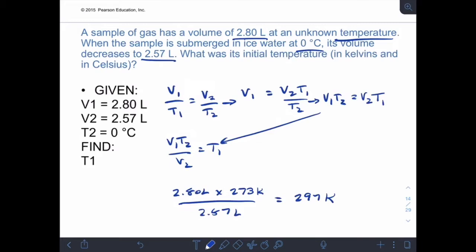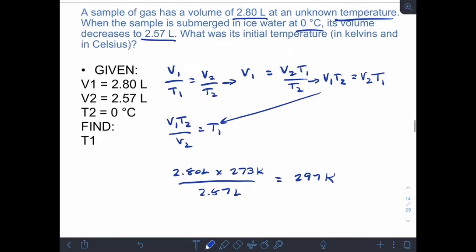So our initial temperature is 297 at 2.8 liters. And if we cool it to 0, temperature went down, volume went down to 2.57 liters. And then if we subtract 273, we should end up with 24 degrees Celsius.